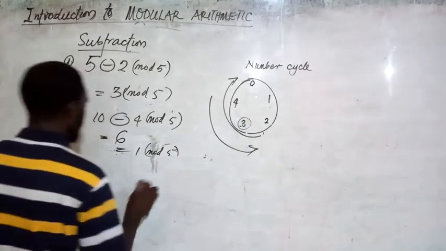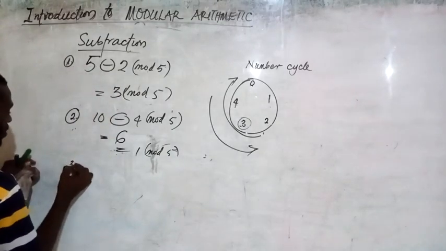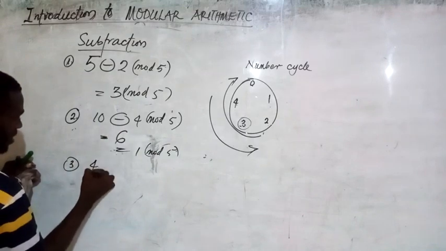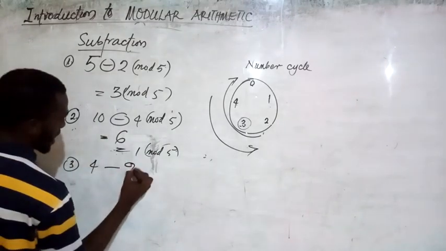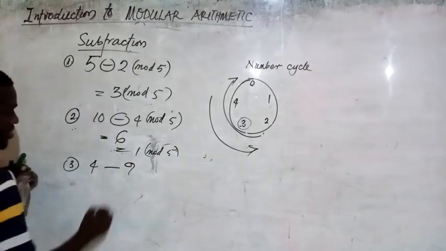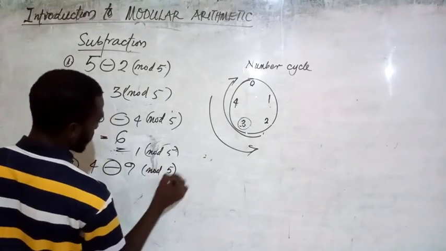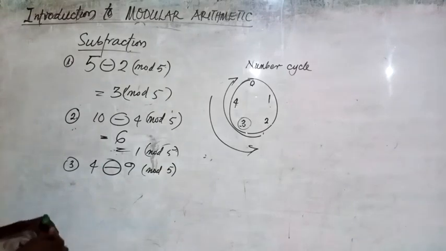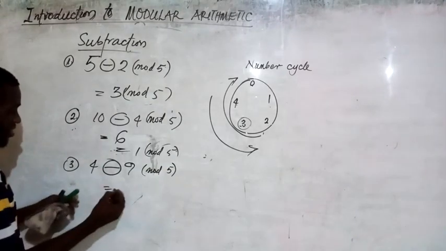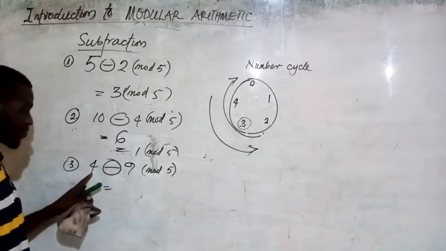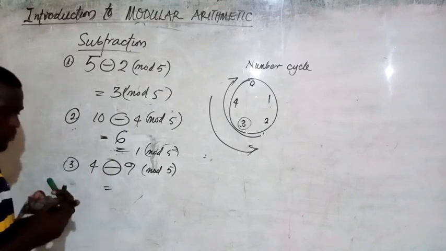Alright. What if we are now asked to do this? 4 now, in this case, minus 9, for example. Notice that the number we are going to be subtracting from 4 is greater than 4. So how do we do that?